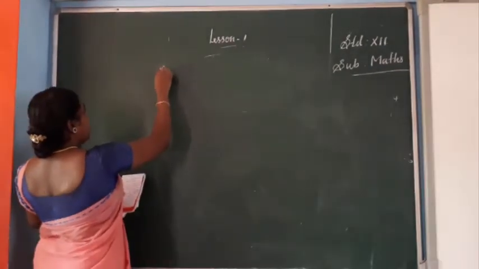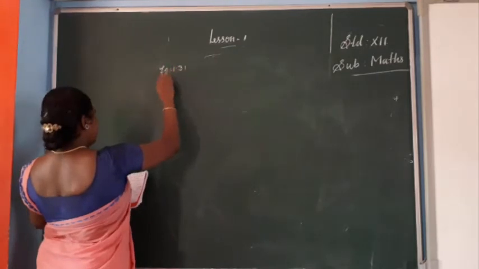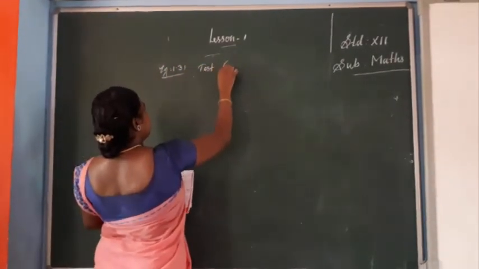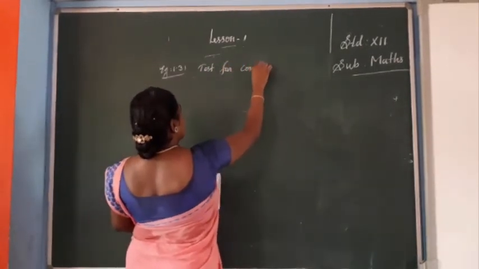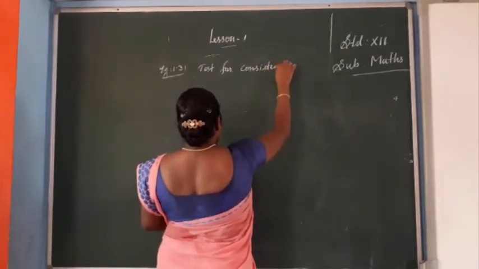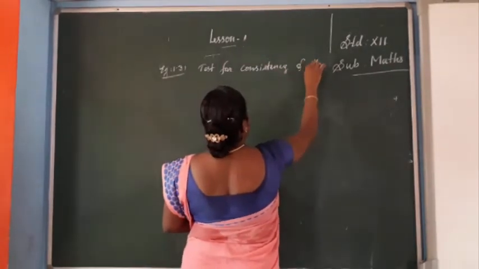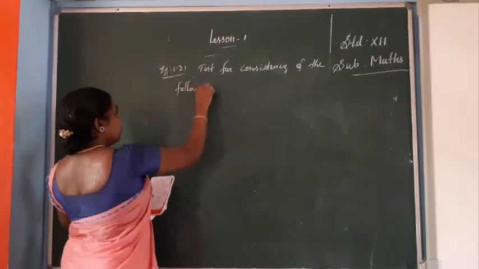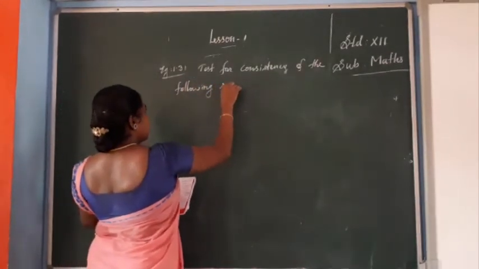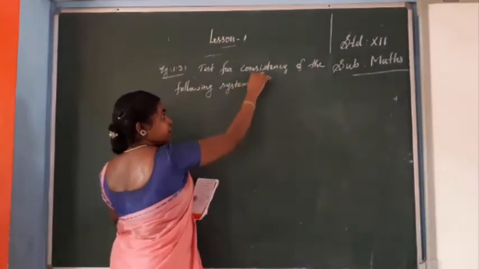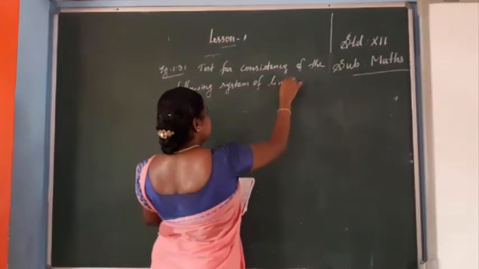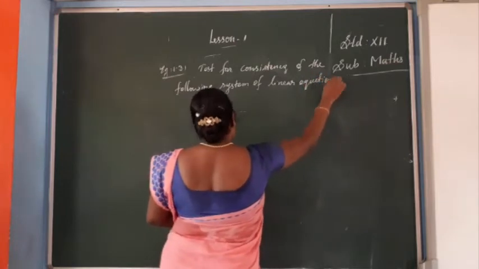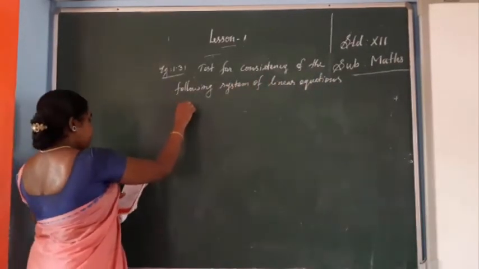Example 1.31. Test for consistency of the following system of linear equations and if possible solve.